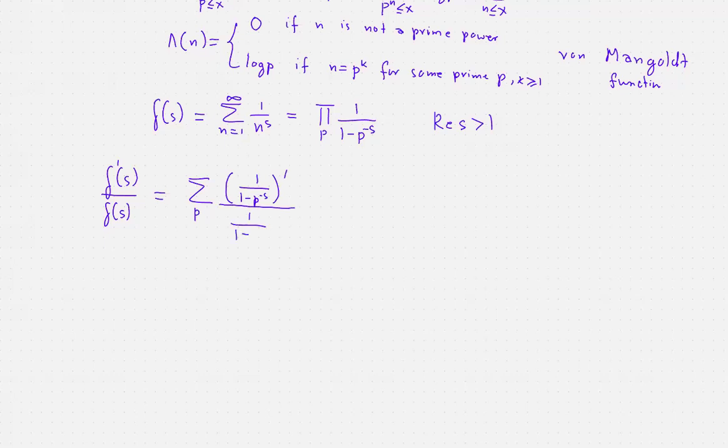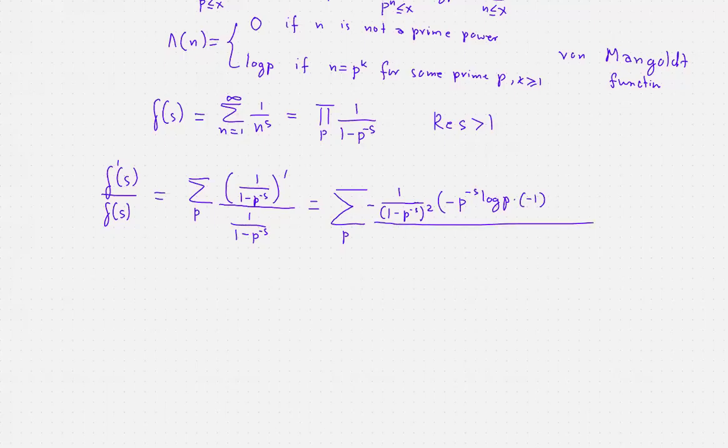So the usual rules for differentiation tell us that this is going to be 1 over, so there's a minus here, the square of the denominator. And then we have to take the derivative of the denominator. And that derivative will be negative p to the negative s times the logarithm of p times negative 1. And all of that needs to be divided by 1 over 1 minus p to the negative s.